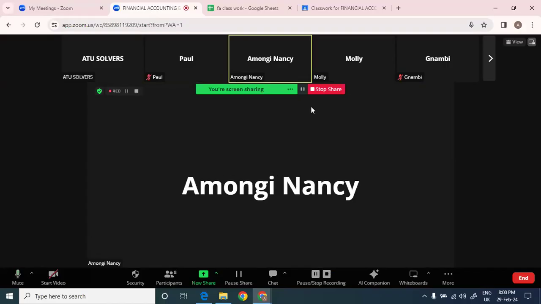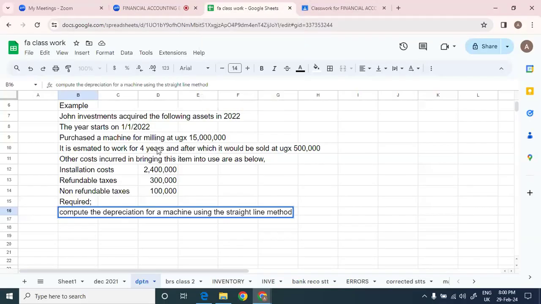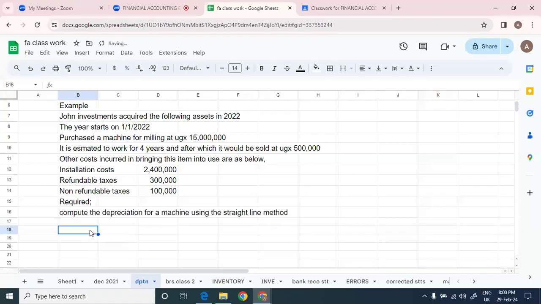Okay. So what we do, you look at our question. They are telling us required compute accumulated depreciation using the straight line method. So long as you already know what the information needs, it will be simple for us. One, what do we do here?